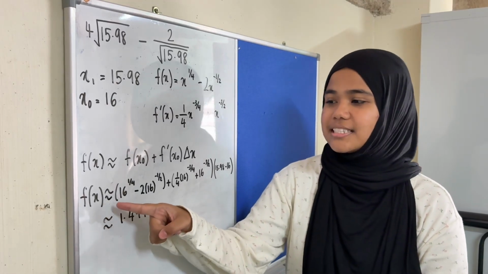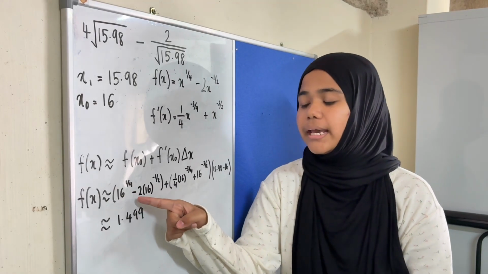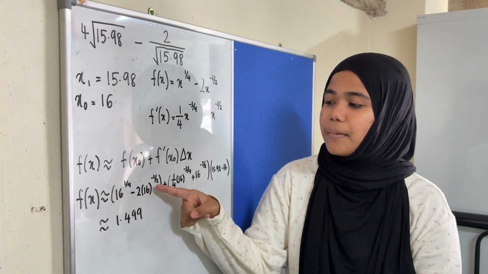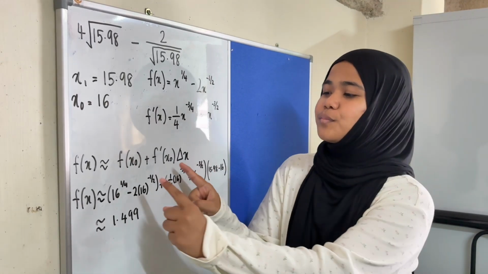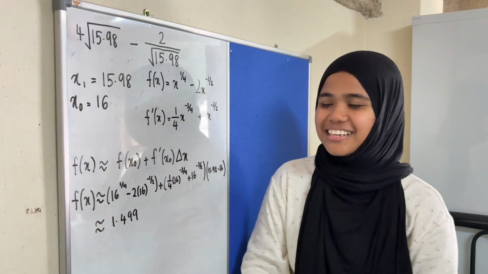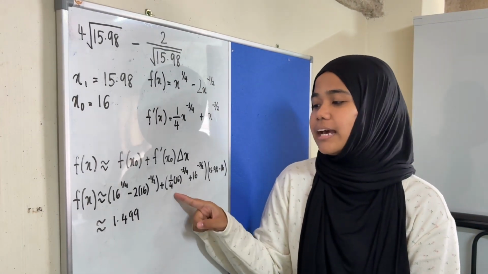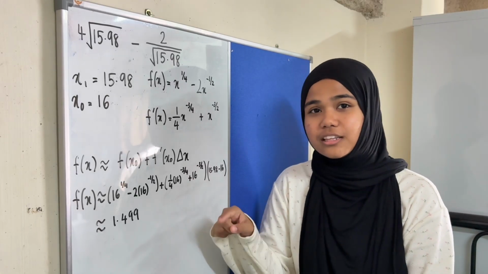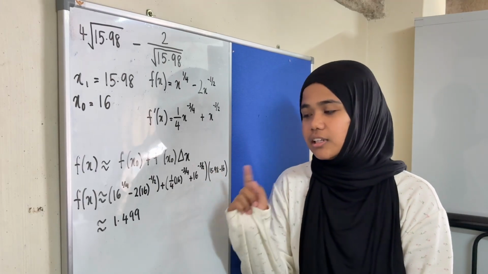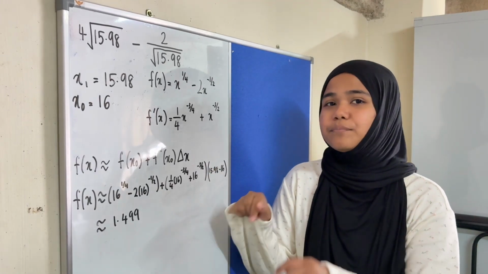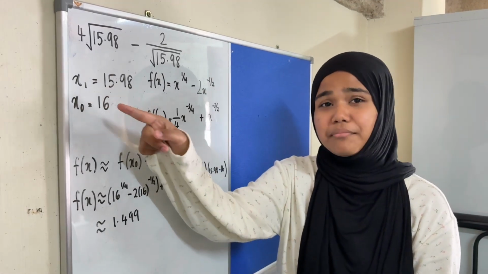So f(x) approximately equals 16 to the power of 1 over 4 minus 2 times 16 to the power of negative 1 over 2, and don't forget to make your bracket, and then plus open bracket 1 over 4 times 16 to the power of negative 3 over 4 plus 16 to the power of negative 3 over 2, close bracket, and then open bracket for delta x, x1 minus x naught.